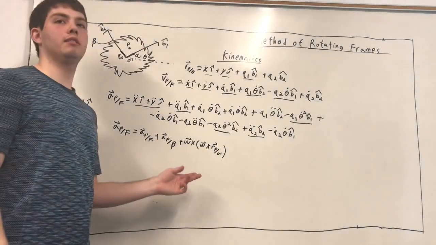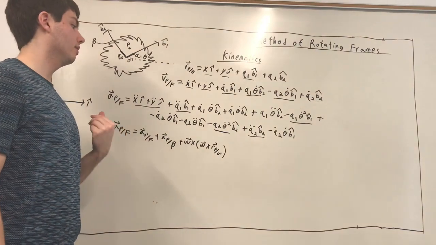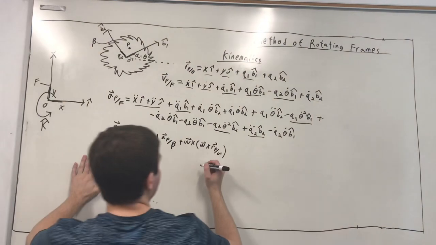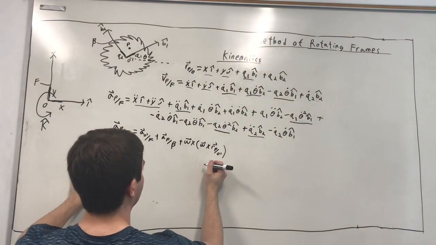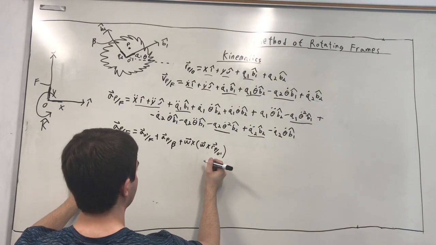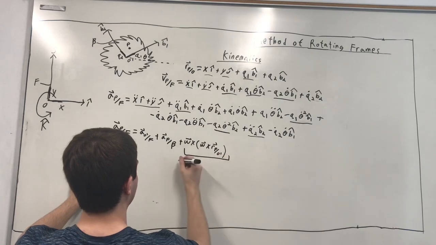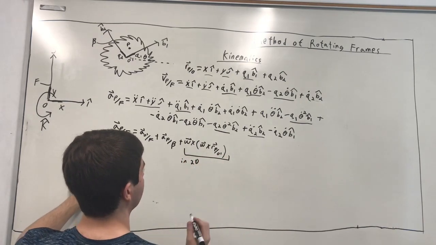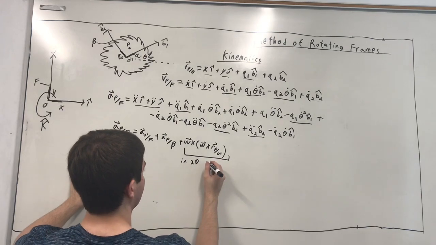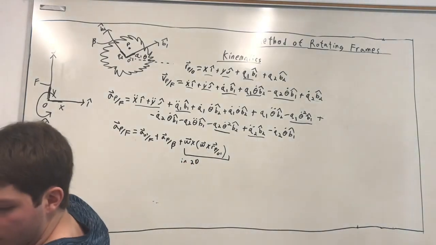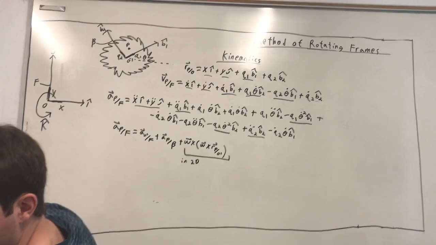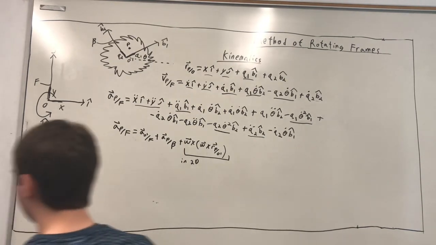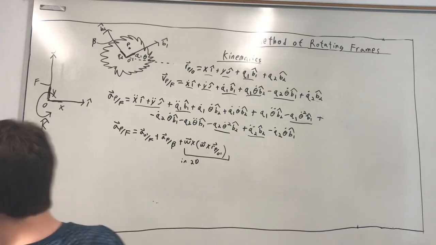More specifically, in at least the class that I'm taking right now, we're only looking at 2D, so this becomes something a little bit easier in 2D. This is just, yeah, okay.